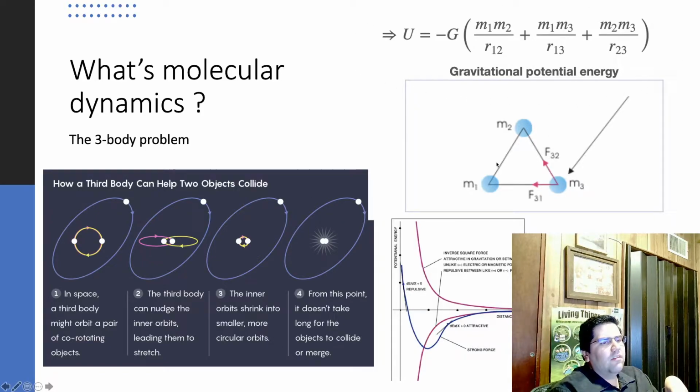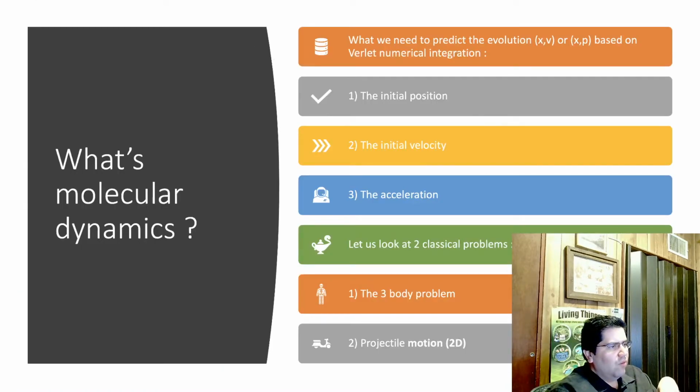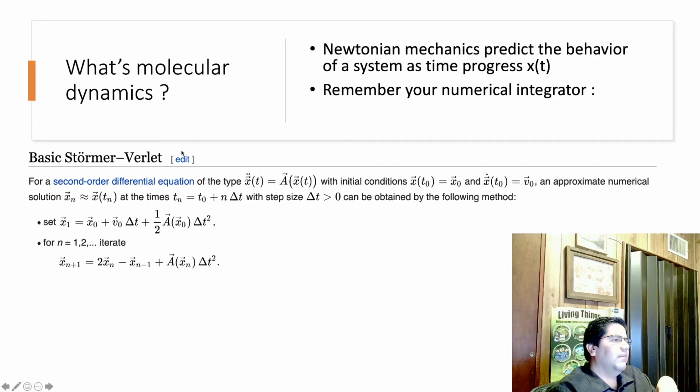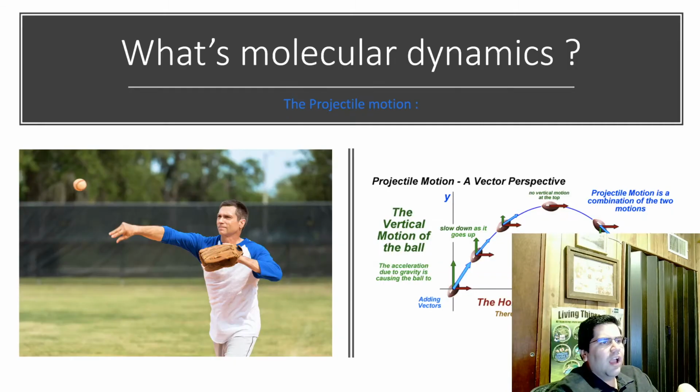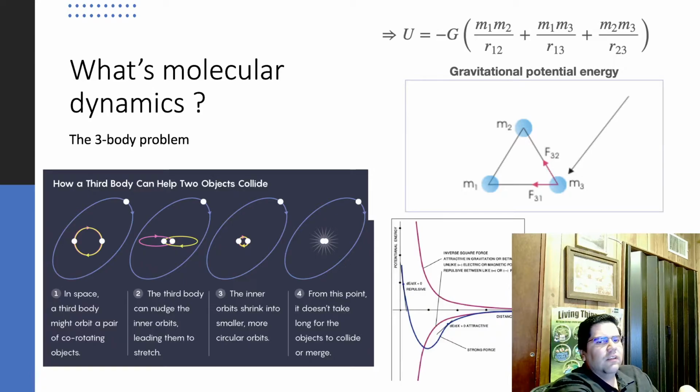You're gonna ask me, why do we need the potential? If you remember, when I was playing this equation right here, we need the initial velocity, the initial position, but we need acceleration. Why am I asking for the potential if I need the acceleration of the system?